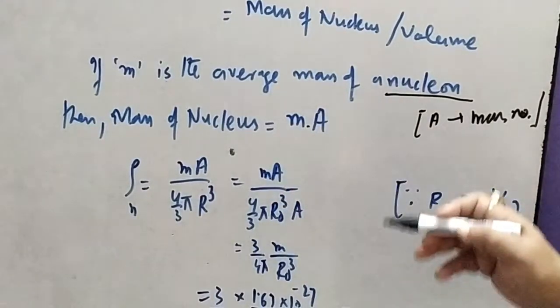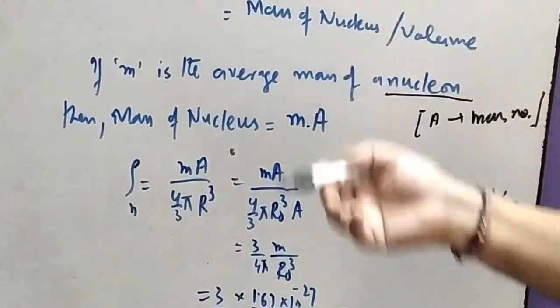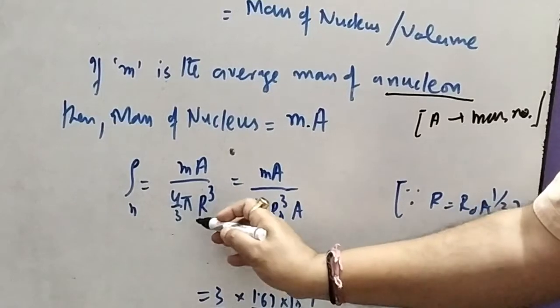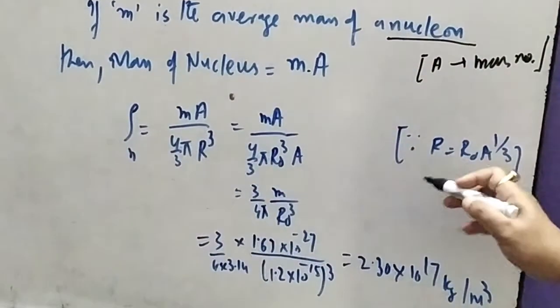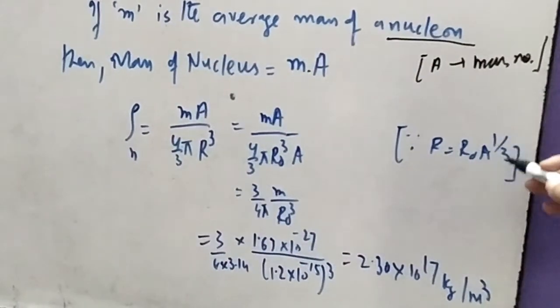So m into A divided by the volume of the nucleus, 4 by 3 pi r cube, and we know r equals r naught into A to the power 1 by 3.